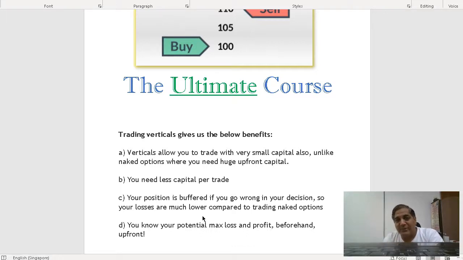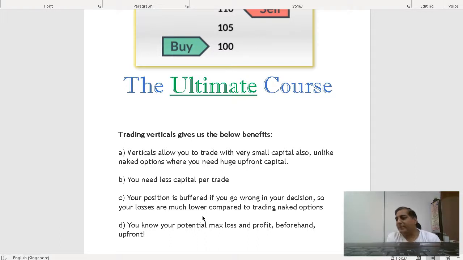Next day I saw 5%, I close my trade, I take 5%. But what if you take a 5% trade, then you have to end up closing it at 2% or something. So it lets you know your maximum profit and loss beforehand, and it works with small capital. So that's the huge advantage of vertical.